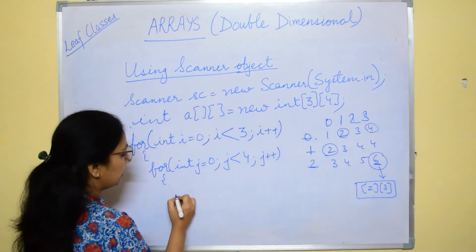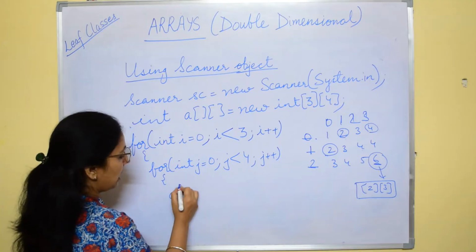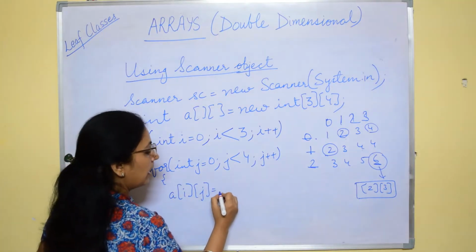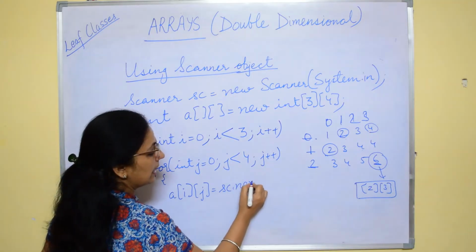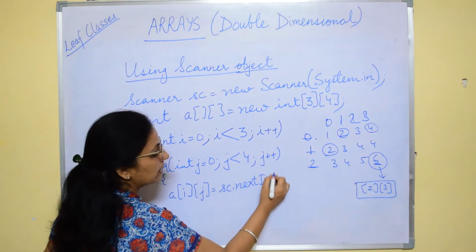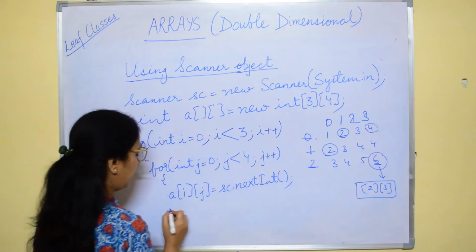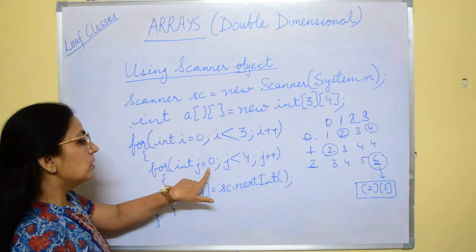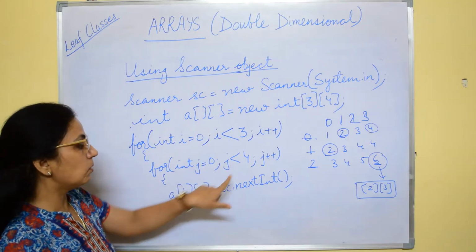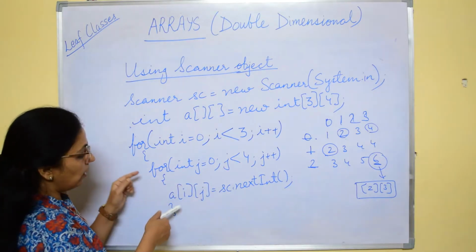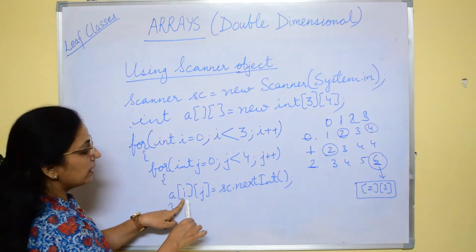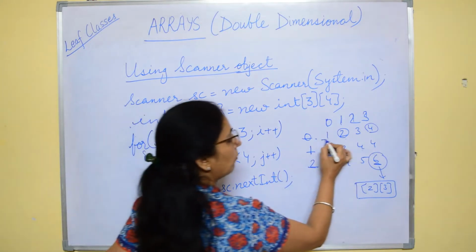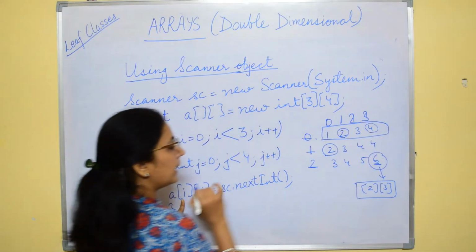For entering the elements, you will say a[i][j] equals to sc dot next int, because we are taking integer variable. So when I is 0, j will move from 0 to 3. So the value for this will be 0 0, 0 1, 0 2, 0 3. So first row elements will be entered.